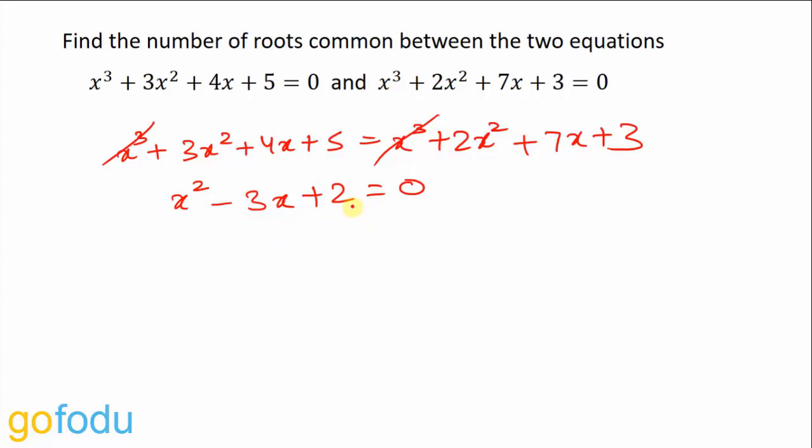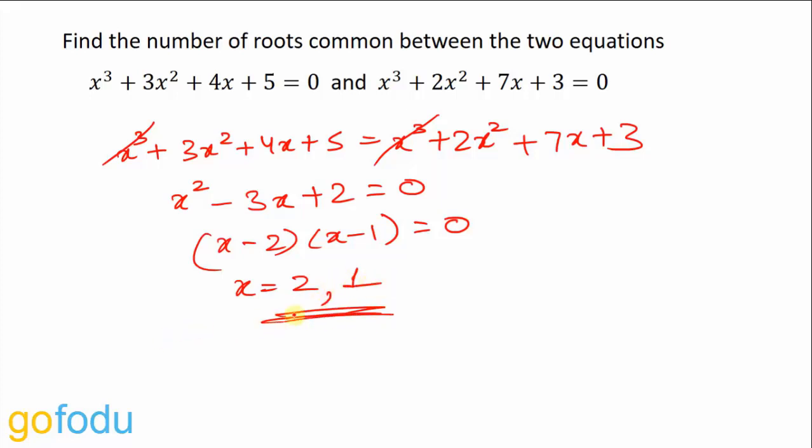That would be minus 2 and minus 1. So this will be factorized as x minus 2 and x minus 1 is equal to 0. X will be either 2 or 1. So these are the points of intersection. These will be the points where this cubic and the second cubic will intersect.